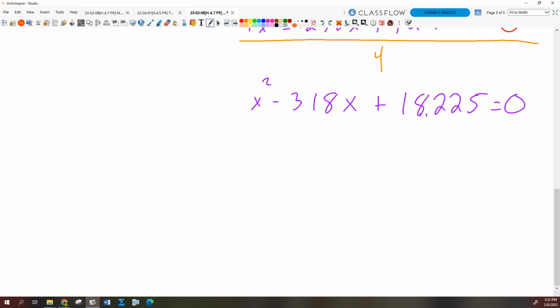If we solve this with the quadratic formula, I'm going to get x equals what? Positive 318, negative b, plus or minus the square root.